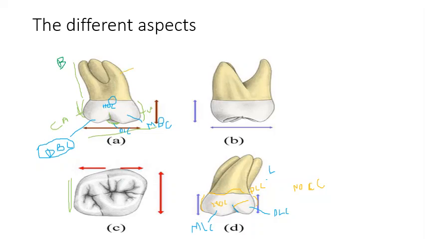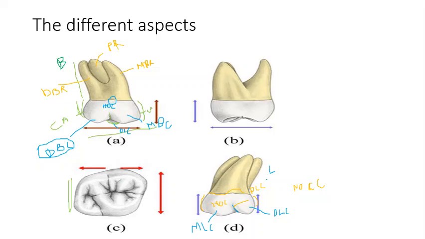We can see the three roots: the mesiobuccal root, the distobuccal root, and the palatal root or lingual root. In some places it is written as lingual, and in others as palatal.